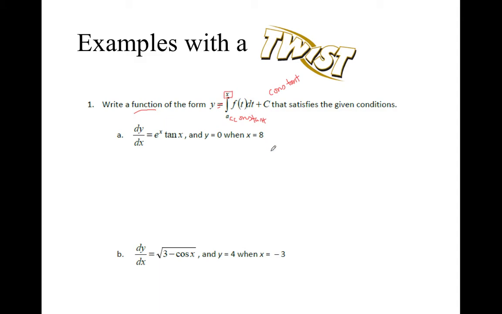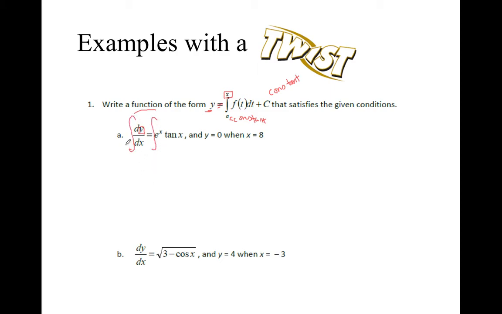And here is the variable x. So they've given you dy dx, and they want y. Well, how do you get y by itself? It's got a derivative around it. How do you get rid of a derivative? Yep. Take an antiderivative.